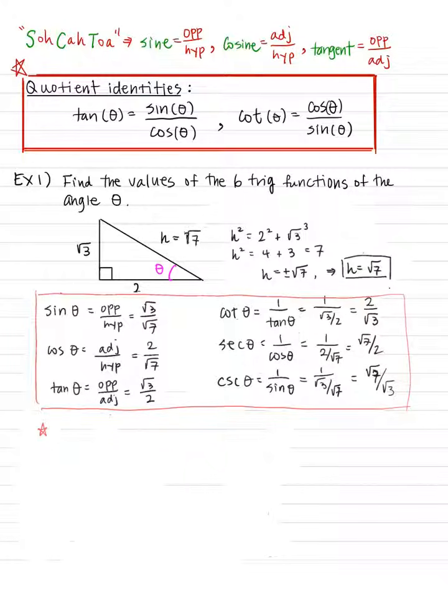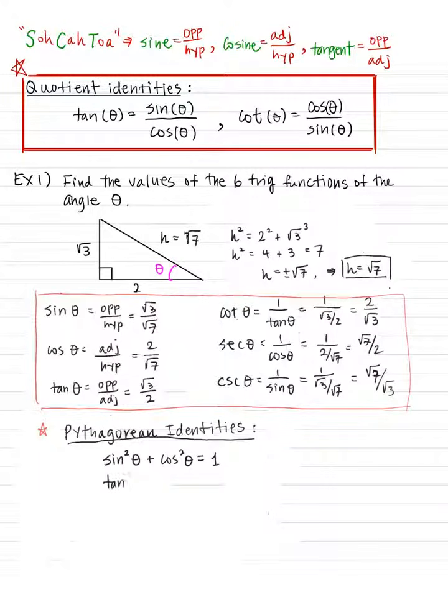So let me just write it out. And you're gonna see this a lot in trig class. So first, please memorize that sine square of theta plus the cosine square of theta equals 1.